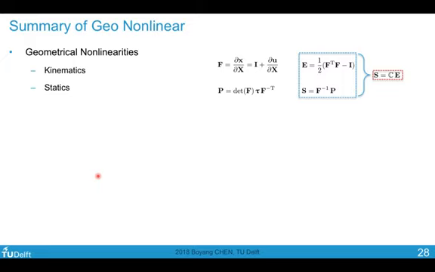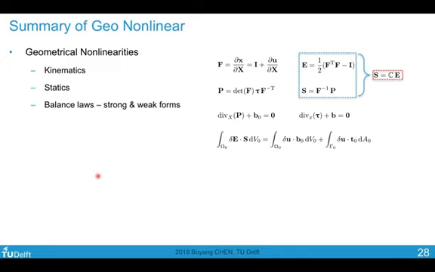And we made the connection between S and E, saying that they are candidates for each other in terms of forming a constitutive law. In addition, they are power conjugates to each other, which additionally reinforces this construction. We then presented the balance laws, the strong form, also called the equilibrium equation, in both the initial and deformed configurations. And then we derived the weak form or principle of virtual work for the initial configuration with the Green-Lagrange strain and second Piola-Kirchhoff stress.